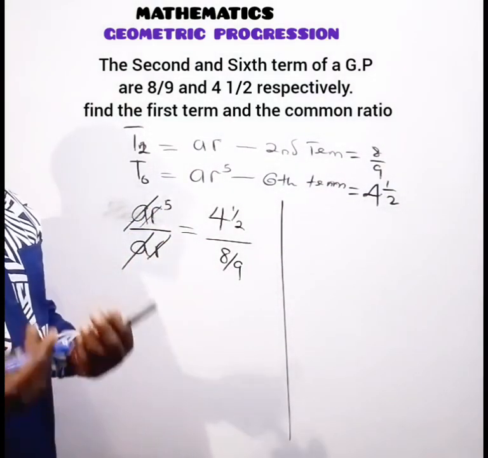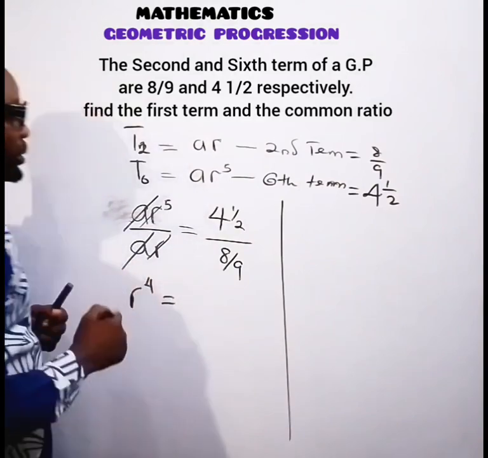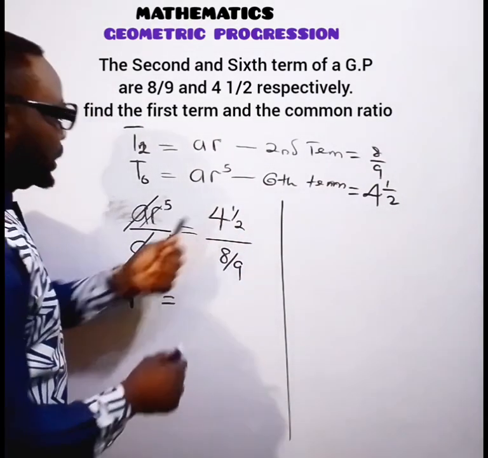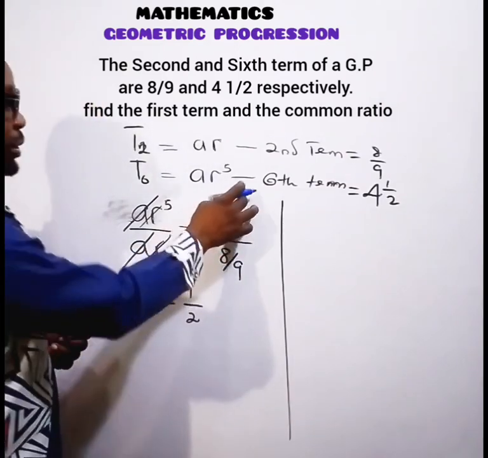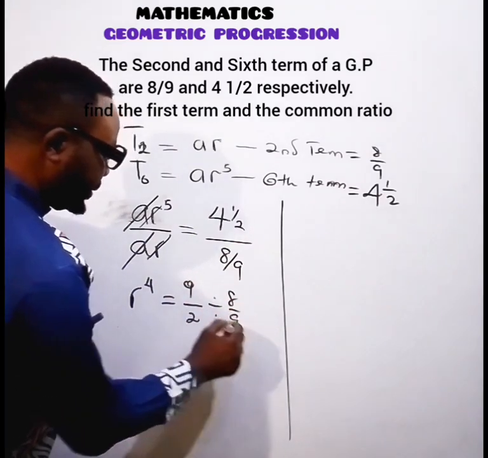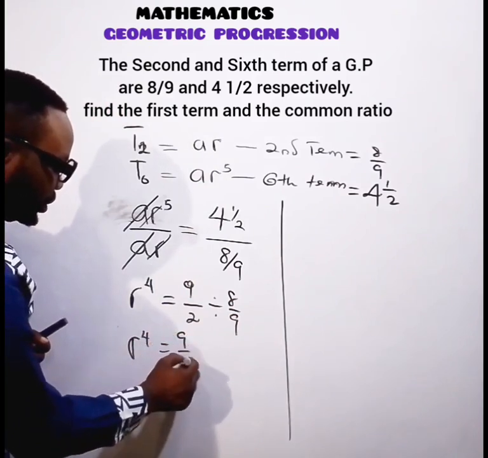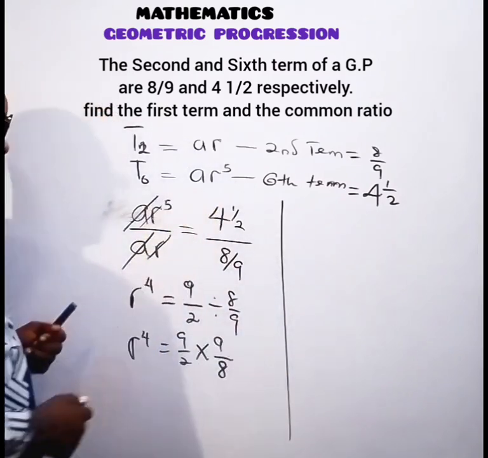It will remain 4 R. That is R raised to the power of 4 is equal to 4 whole number 1 over 2 will become 9 over 2. That is 4 times 2, that's 8 plus 1, divided by 8 over 9. So R raised to the power of 4 will become 9 over 2 times 9 over 8.